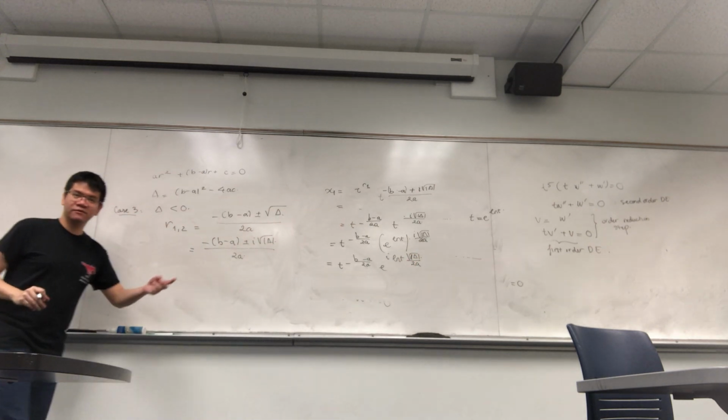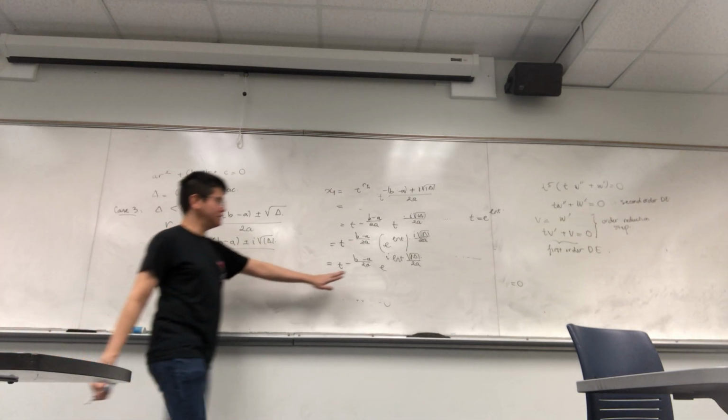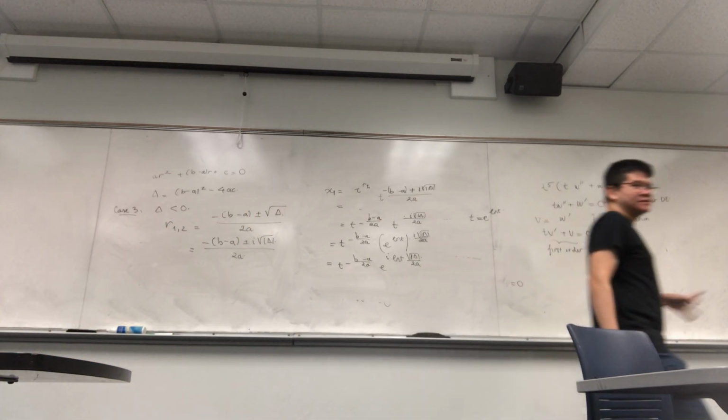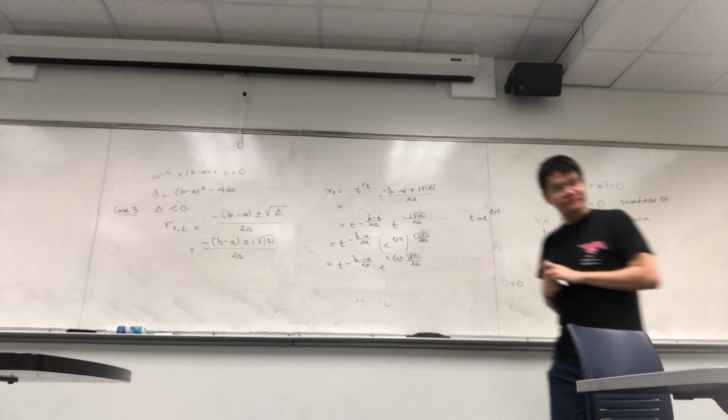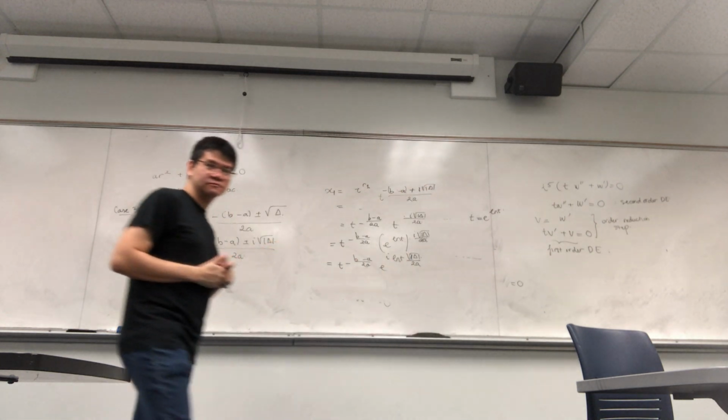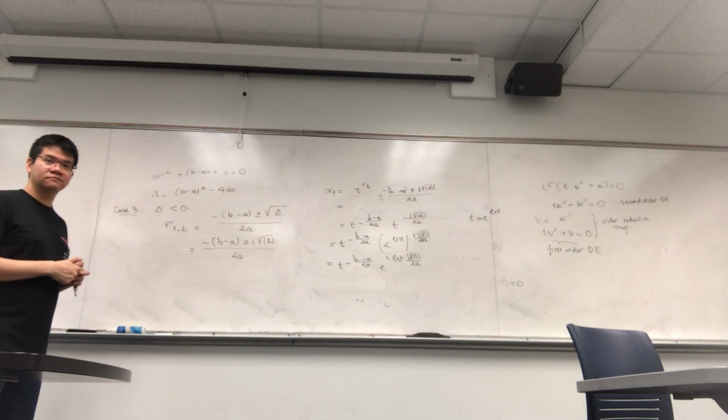Who can tell me what is the form of this under the Euler formula? The Euler formula was that e to the i alpha is cosine alpha plus i sine alpha. So in this case, we'll have cosine of ln t square root of delta over 2a plus i sine of ln t square root of delta over 2a.